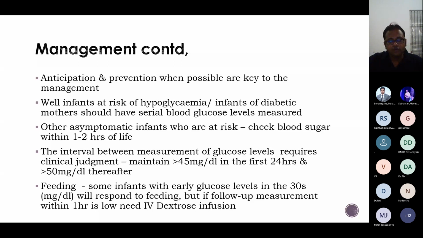So again, how often to check the blood sugar levels depends on a case by case basis, and we expect to have more than 45 milligram per deciliter blood value on first day and more than 50 thereafter. And certain babies who are having low sugar levels as low as 30 can respond to feeds, but if follow-up measures are not high enough, then you have to give IV dextrose infusion.